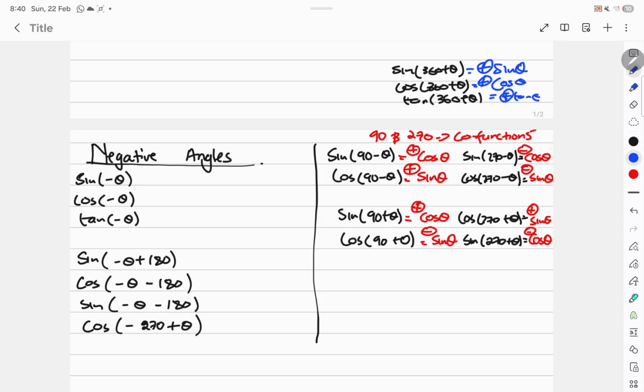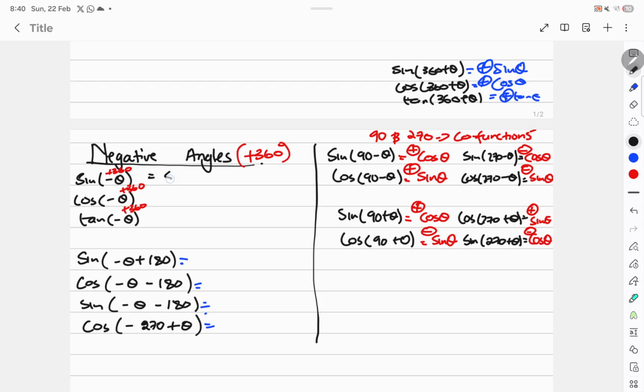All right, now let's have a look there. Every time I have a negative angle, I always add 360 degrees to it. You see a negative angle, go straight and add 360. So I'm going to go there at 360, add 360, add 360.